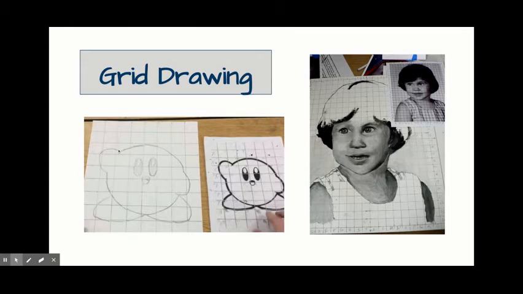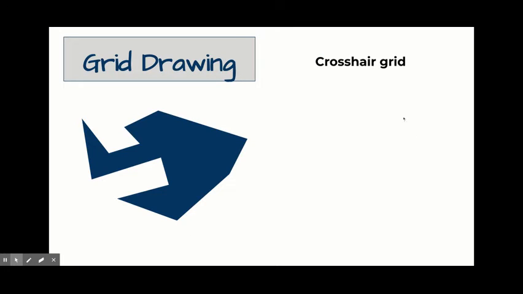You can use this method for simple contour line drawings, or you can even apply this method to photography and transferring the different lines, textures, and values that you see. This method is also great for sizing up images. So you see the photograph there is very small, but then the grid is larger.